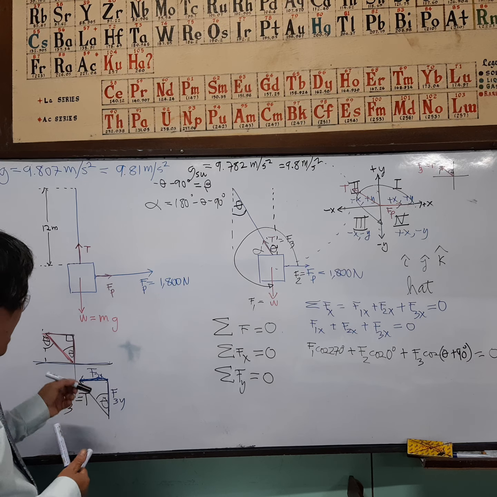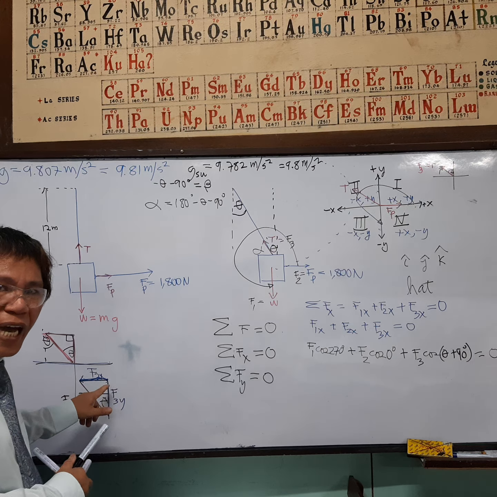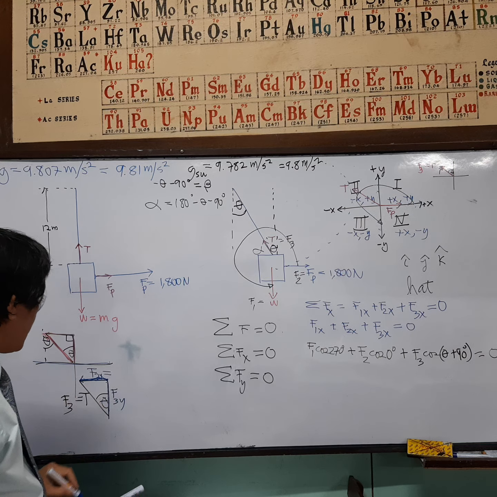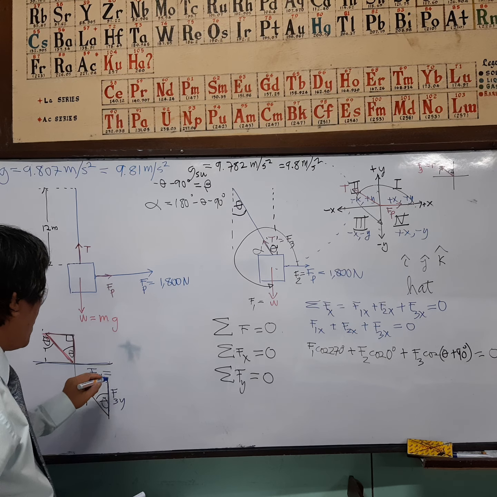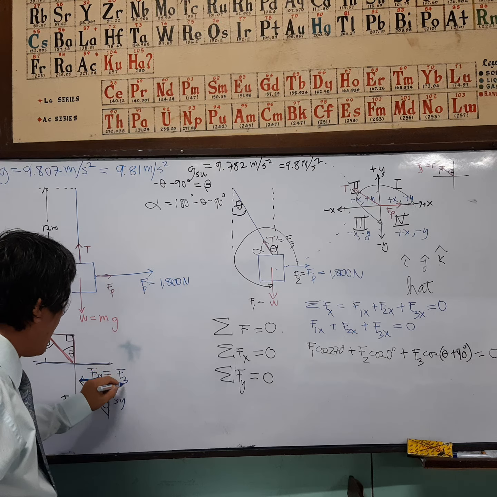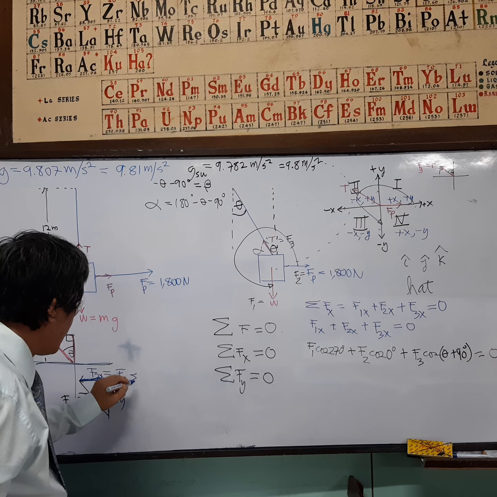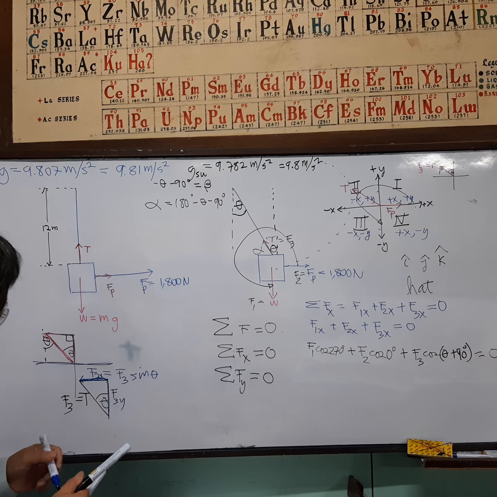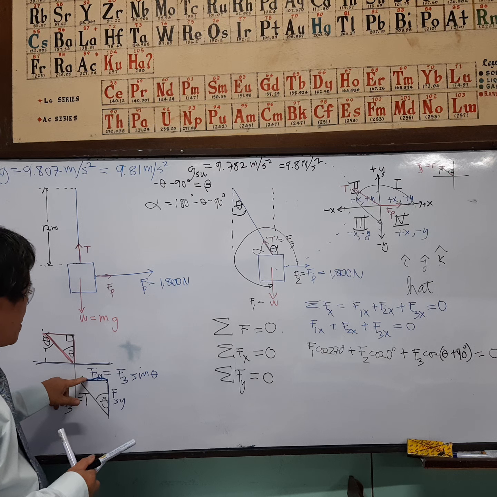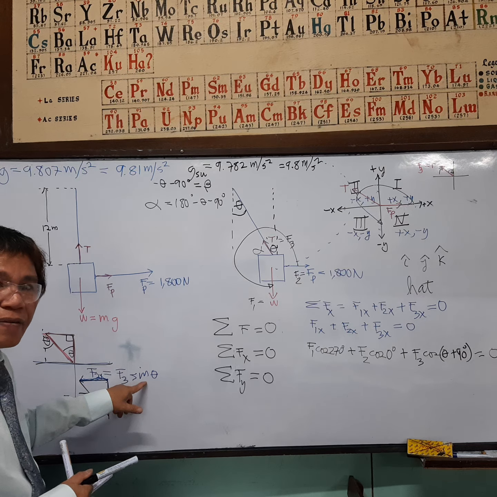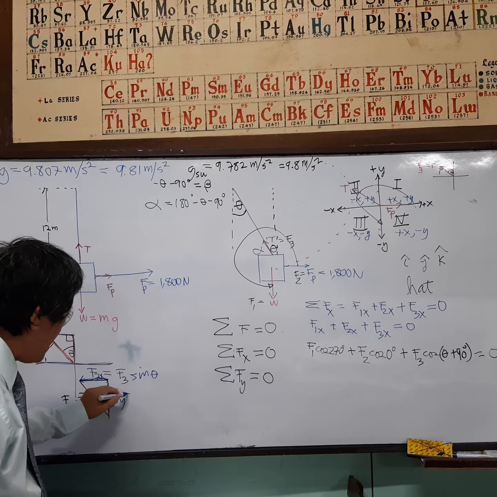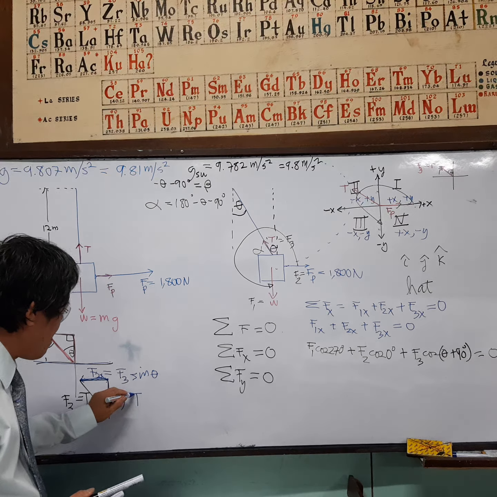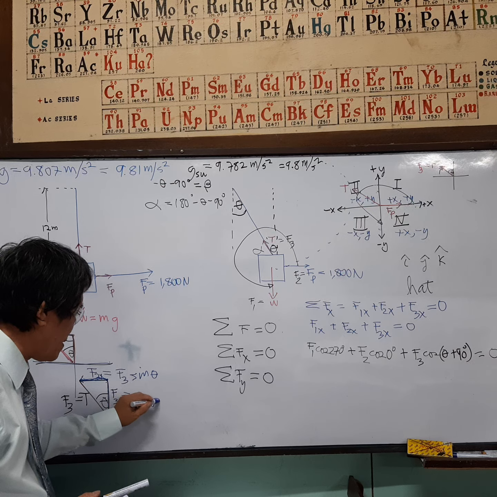For F3x, using the right triangle, you will have F3 sine theta. This is the opposite side. For F3y, the adjacent side to the angle theta, F3 cosine theta.